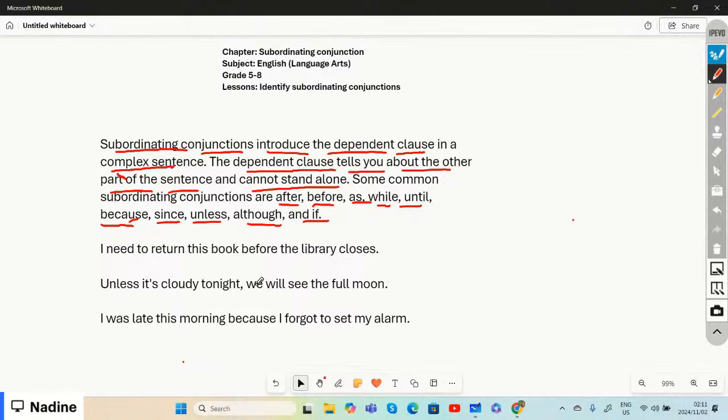And if we look at an example of a subordinating conjunction, it says, I need to return this book before the library closes. I need to return this book before the library closes.